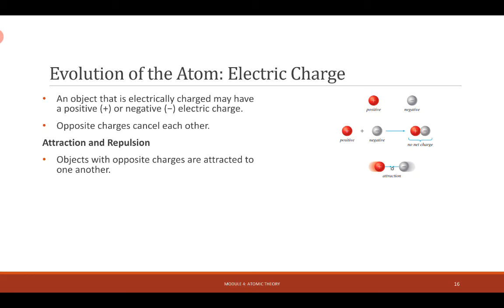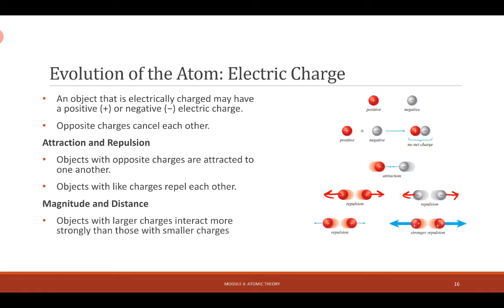Opposite charges are attracted to one another, and like charges repel one another. You can see that these two are moving towards each other, and these are moving away from each other. So opposite charges attract, like charges repel. Also, scientists understand that the magnitude of the force increases as the amount of charge increases.